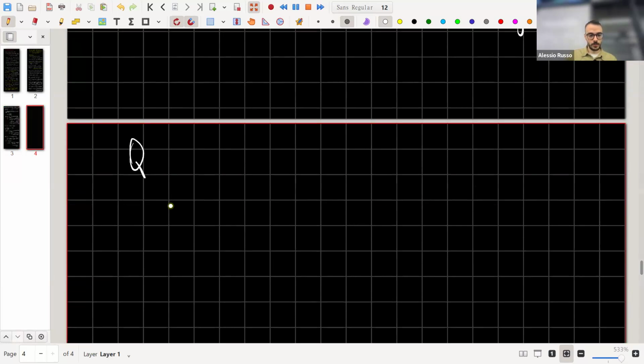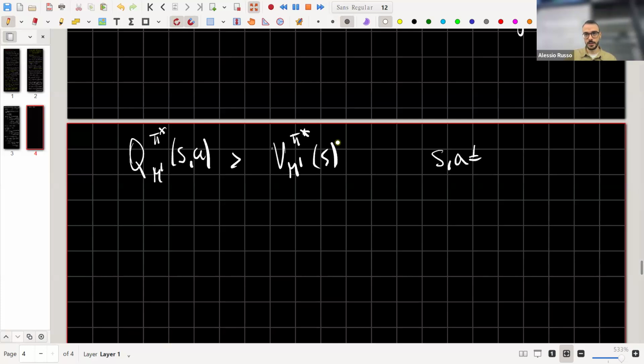So let me rewrite that inequality. This inequality holds for some state S and action A different from pi star of S. The way we are going to manipulate this inequality is by making explicit the dependency on the suboptimality gaps.